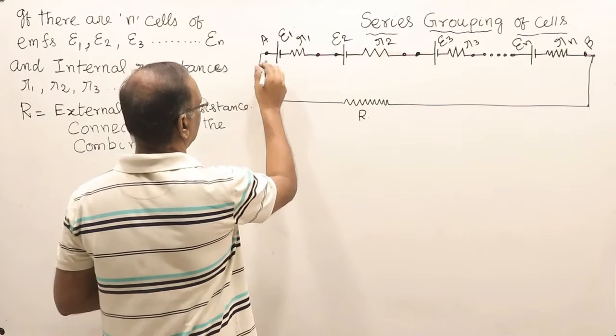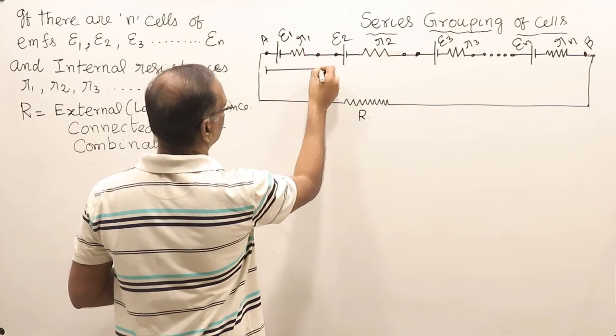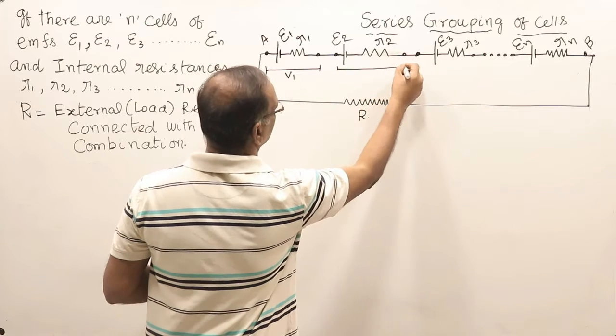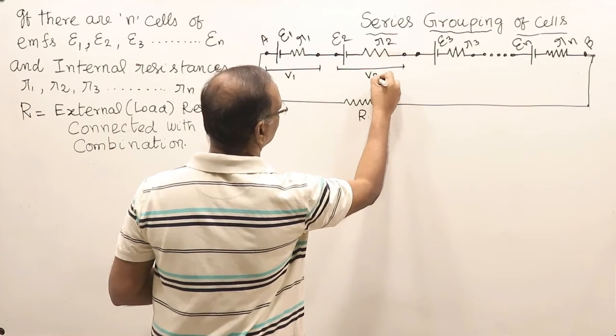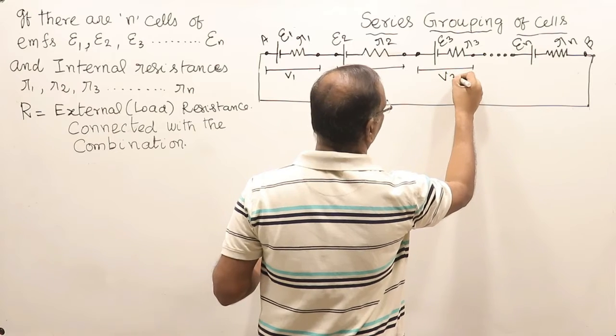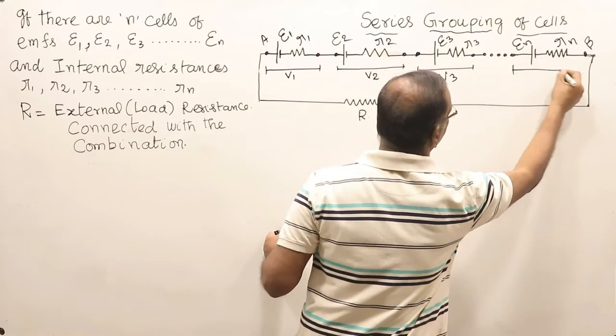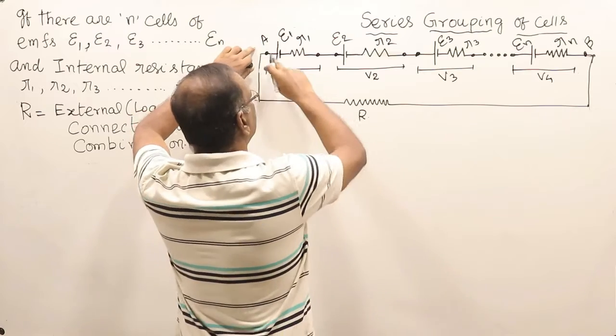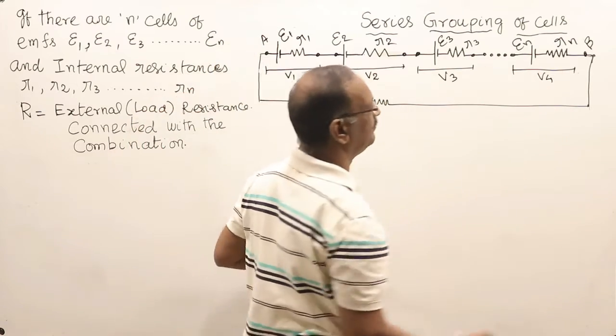This is cell number 1, which has a terminal potential of V1, this one V2, this V3 and this V4. The cells are connected between terminals A and B.